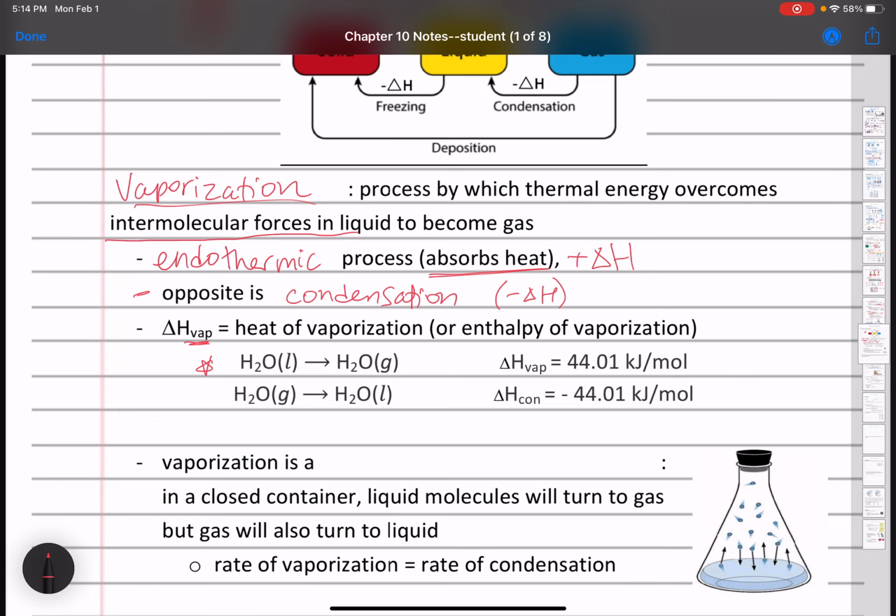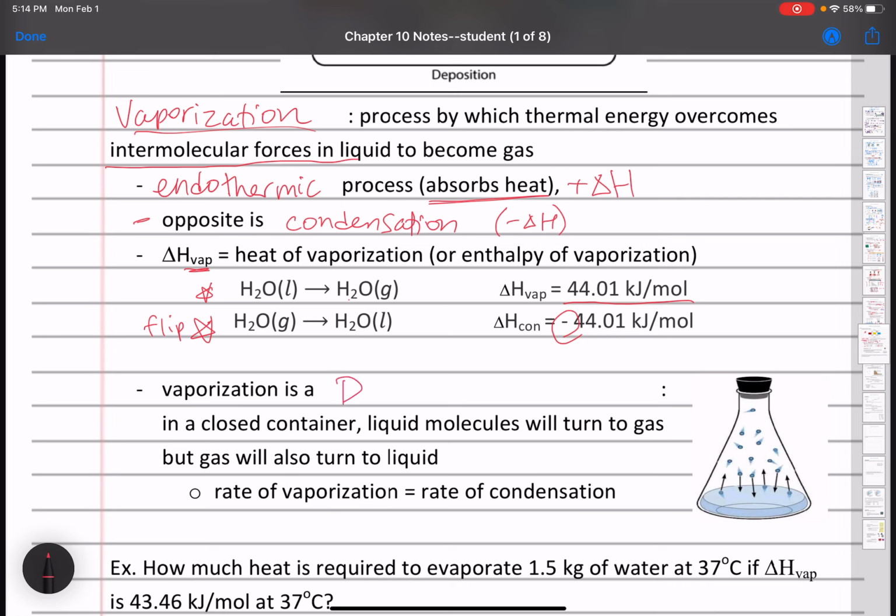For that vaporization process, for 1 mole of water to become 1 mole of gas, it requires 44.01 kilojoules. And to do the opposite, condensation, remember if we flip a reaction, we change the sign of the delta H. So the heat of condensation is the same as the heat of vaporization except with the opposite sign.